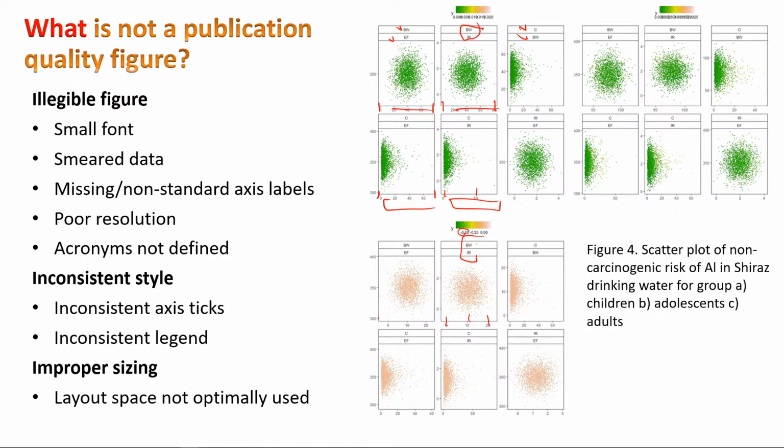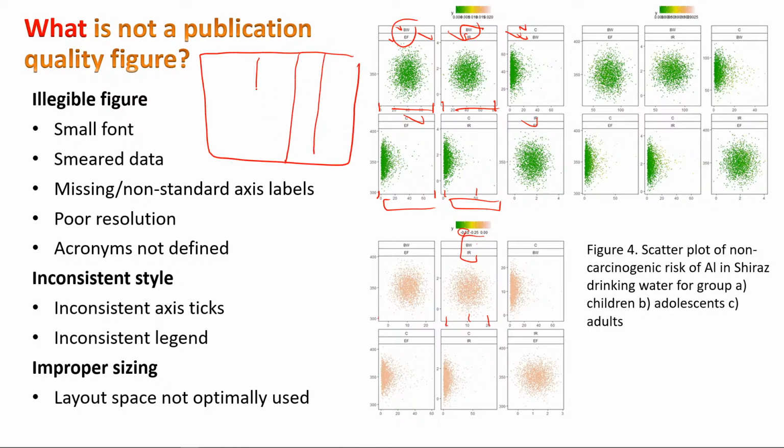So let's say, how many things do I have here? I have 1, 2, 3, 4, 5. I have 5 of them and I have three groups. So instead of designing this figure this way, I could just design it like 1, 2, 3, 4, 5, and here are my three groups.